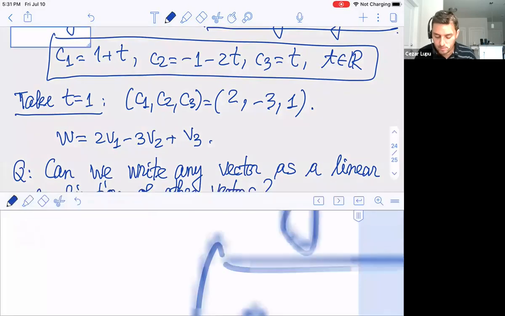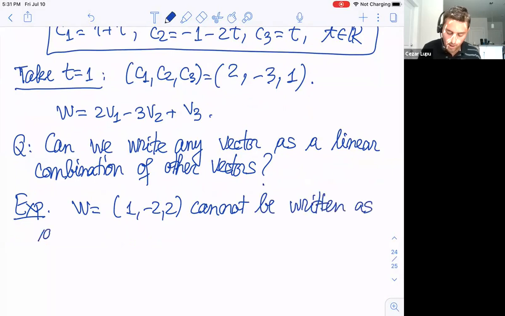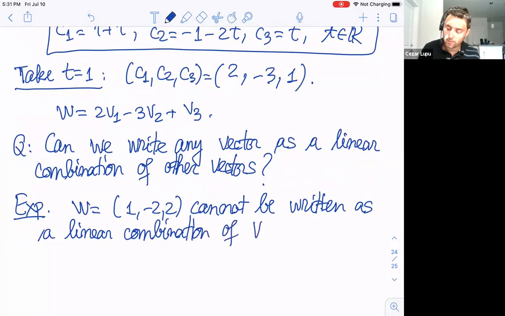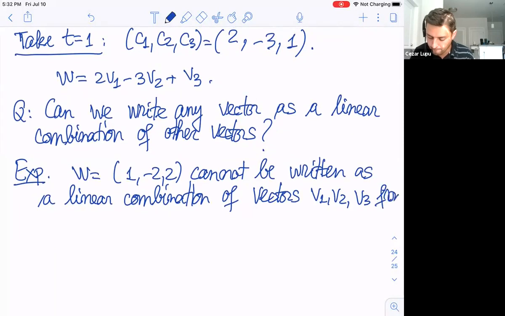It cannot be written as a linear combination of vectors, let's say v1, v2, and v3 from the above example.